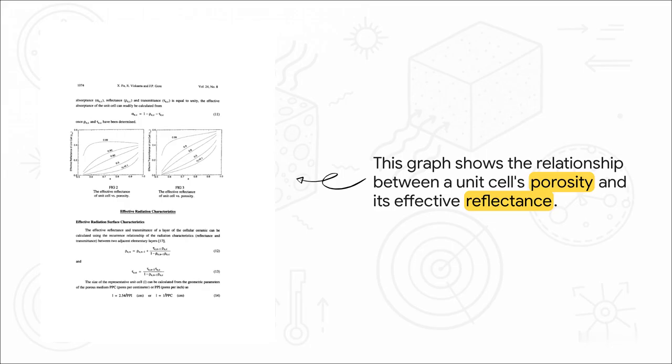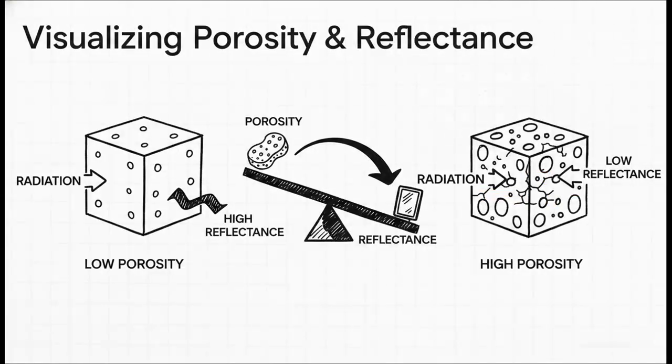This is just connecting 2 of our key parameters. And here's the simple takeaway. The more open space you have, so the higher the porosity, the less the material reflects. It actually makes sense when you think about it. The radiation gets trapped inside all those nooks and crannies instead of bouncing straight back out. So more pores means less reflection. It's a simple inverse relationship.